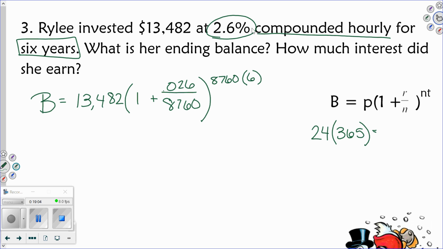Yes. All right, so let's go ahead and find our ending balance. So 13,482 times 1 plus, put in your fraction, 0.026 over 8,760. Close parenthesis, and then make sure you have an exponent. 8,760 times 6.